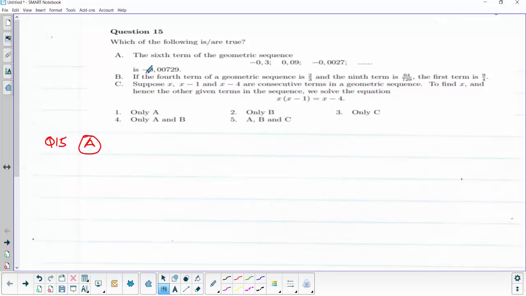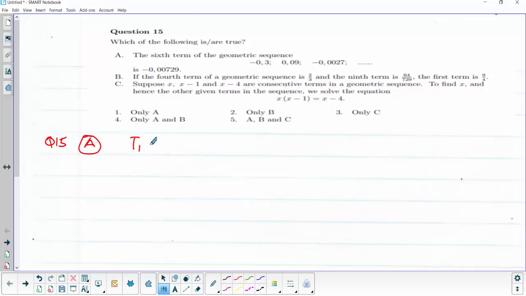So we are given the 6th term of a geometric sequence, which is equal to minus 0,00729. We need to ascertain if this statement is true or not. So let us start from T1.